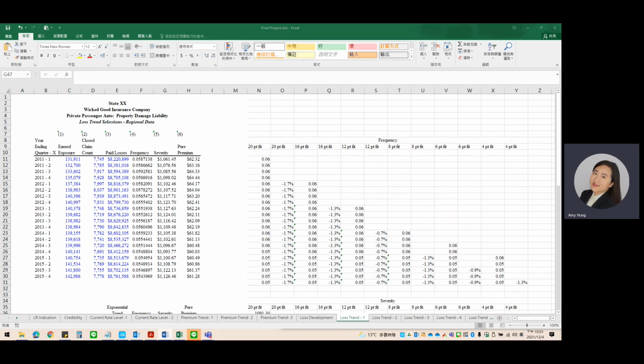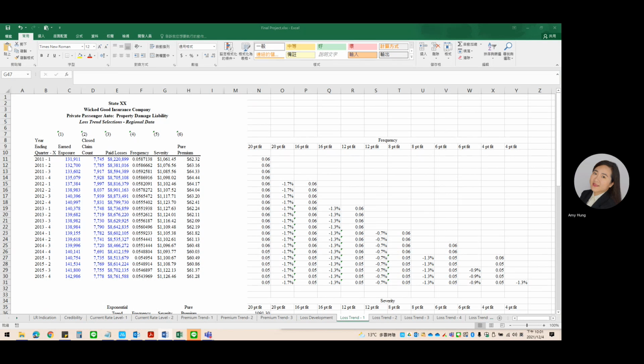Because the proposed rates will be in effect in a period later than the historical period, the loss and ALAE need to be adjusted to account for expected trends in frequency and severity of claims between the two periods. So we use a two-step loss trending approach.